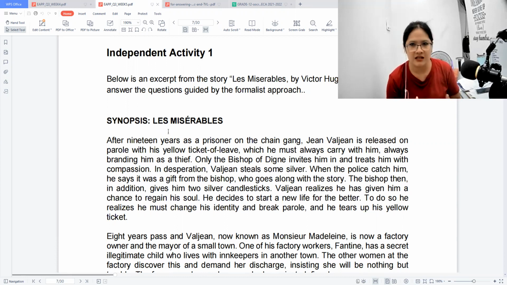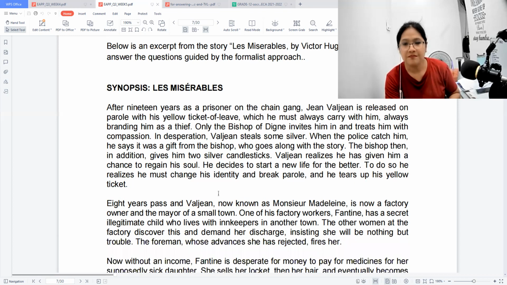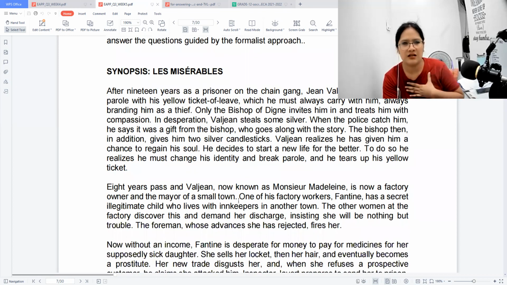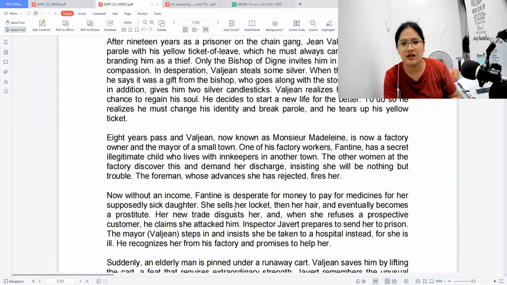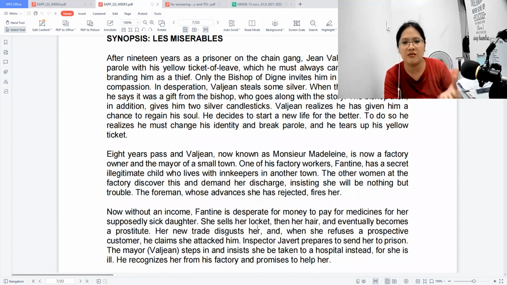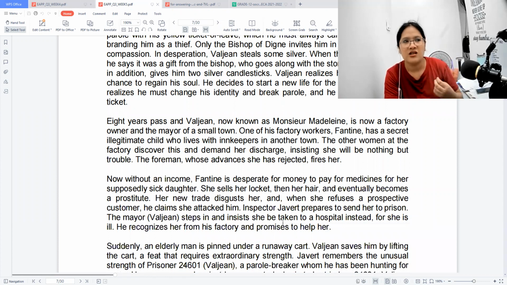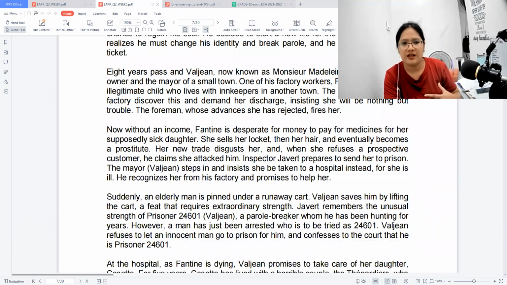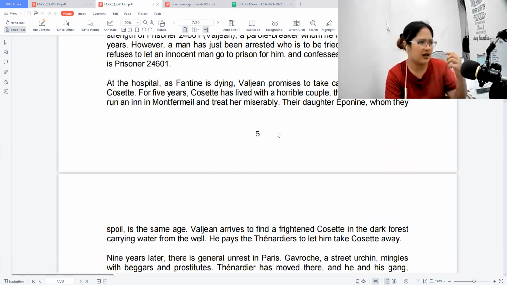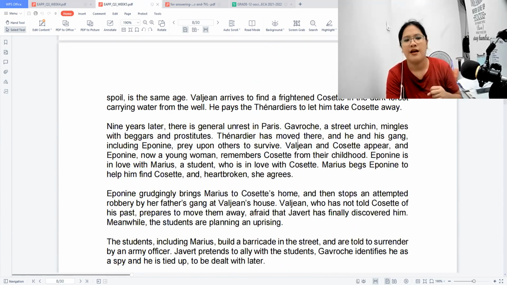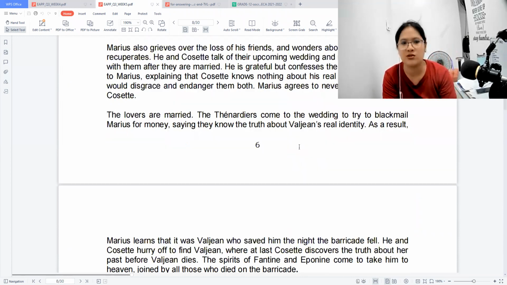Pero yung kumbaga yung ideya kasi ng storya is there's this Jean Valjean na parang nakulong siya, may parole siya, and then there was the entire scenery of poverty at some point, and another character comes in like Fantine, okay, who asks for money, meron siyang sick na daughter, okay, then she works as a prostitute, okay, and then kumbaga lahat ng lives nila magkakadugtong, and I remember playing this in a high school play, and eventually it leads to the revolution dun sa dulo.